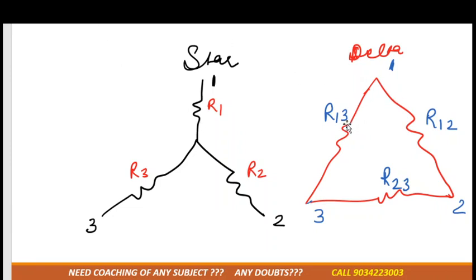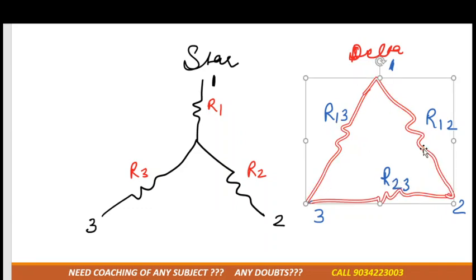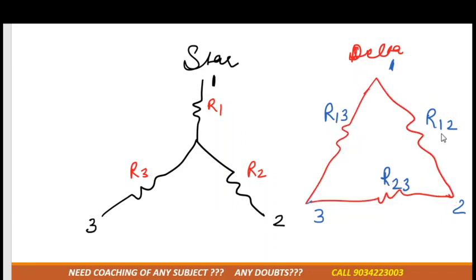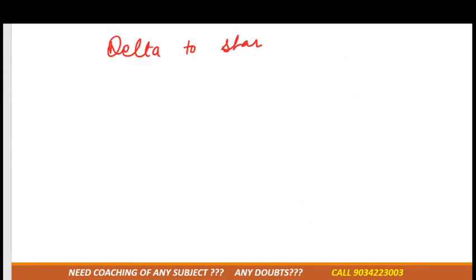Delta connection means we have the values of R13, R23, and R12. If we want it in star, we want R1, R2, and R3. There are fixed formulas for that. Suppose I'm telling you first for R1.